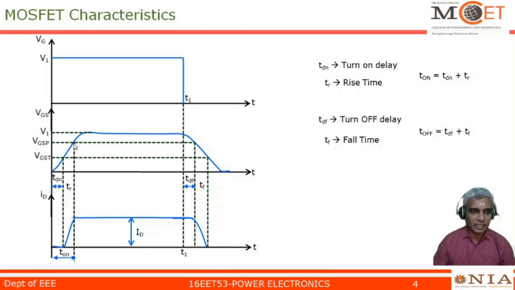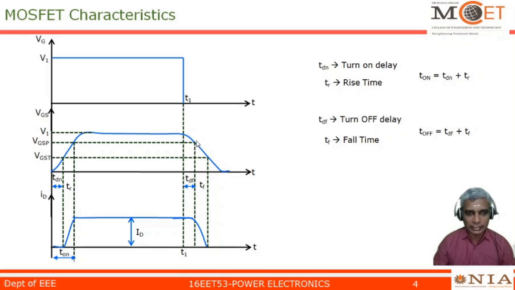After VGSP, the VGS voltage goes to a value equal to the gate voltage V1. So this is the turn on process. At time T1, the pulse to the gate is removed, which means that at this point of time T1, the turn off process has started. During this time TDF, the voltage comes down from V1 to a voltage of VGSP.